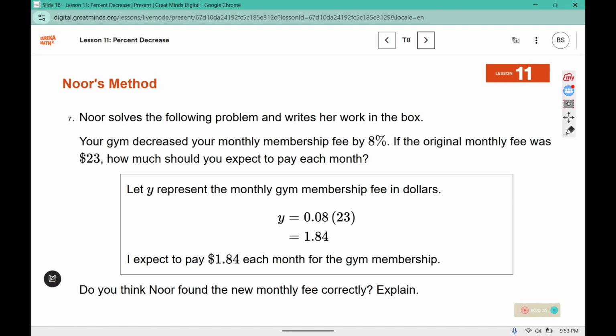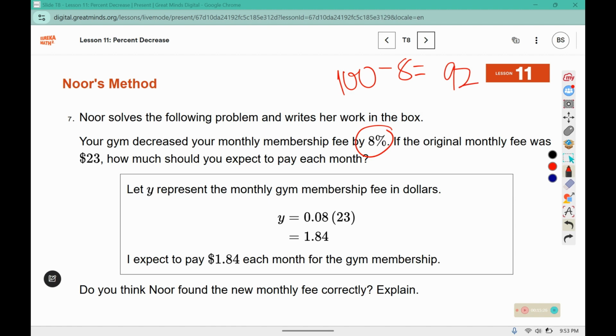Explain. Well, no. If she wanted it to be decreased by 8%, that would still be that she's paying 92% of the original amount. So she did not find the monthly fee correctly. She should have used the decimal 0.92.